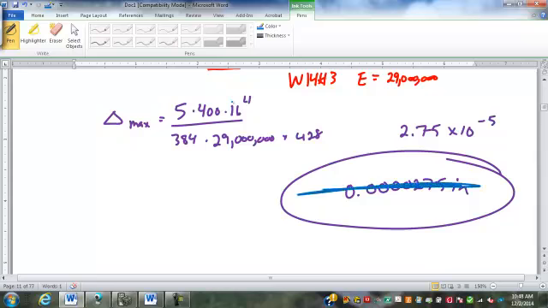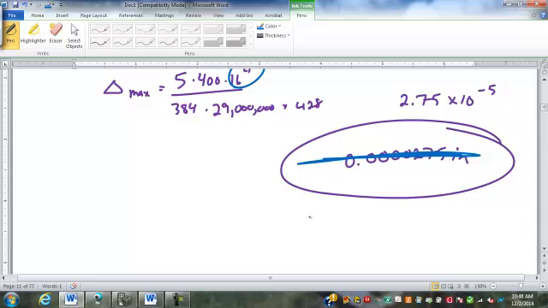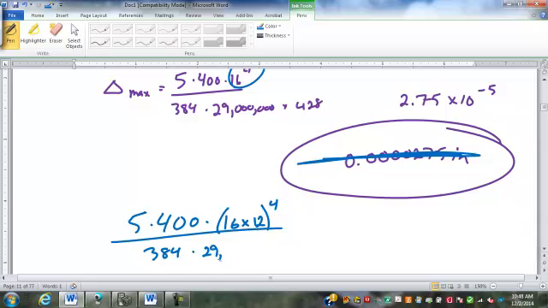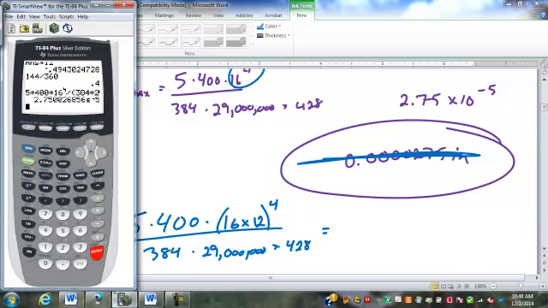I'm pretty sure we do have to have that in inches for that. This will be 5 times 400 times 16 times 12, and that's going to be to the power of 4, over the 384 times 29 million times 428. So let's try that.